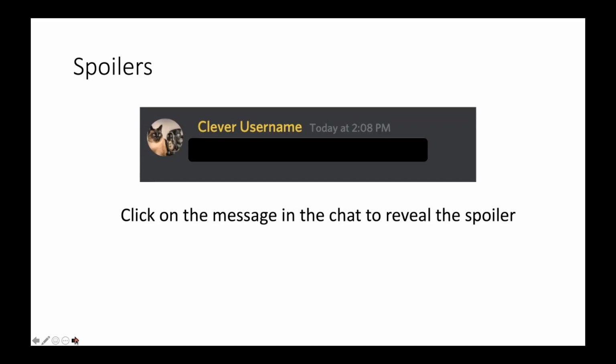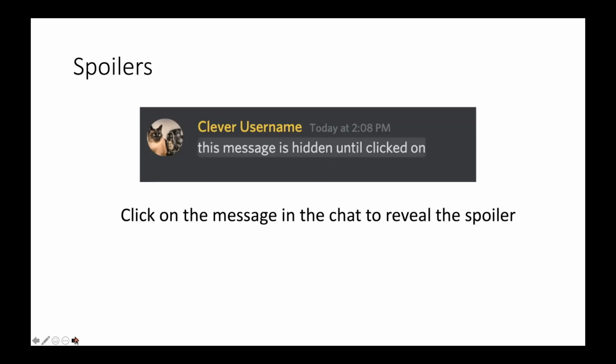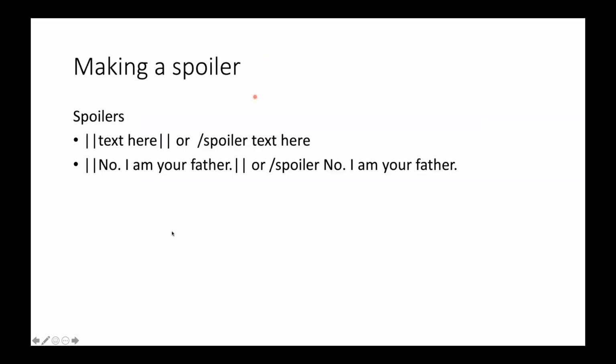You can hide your message until people want to look at it. So it's hidden until someone decides to click on it and see the spoiler. And those are commands. Again, these commands are going to be in the how to use Discord channel for our server.